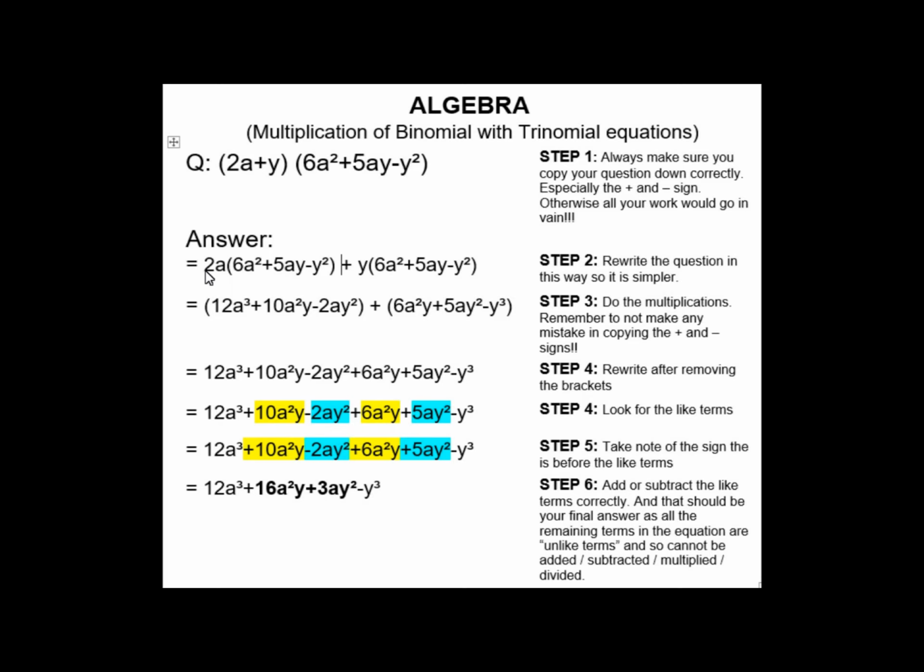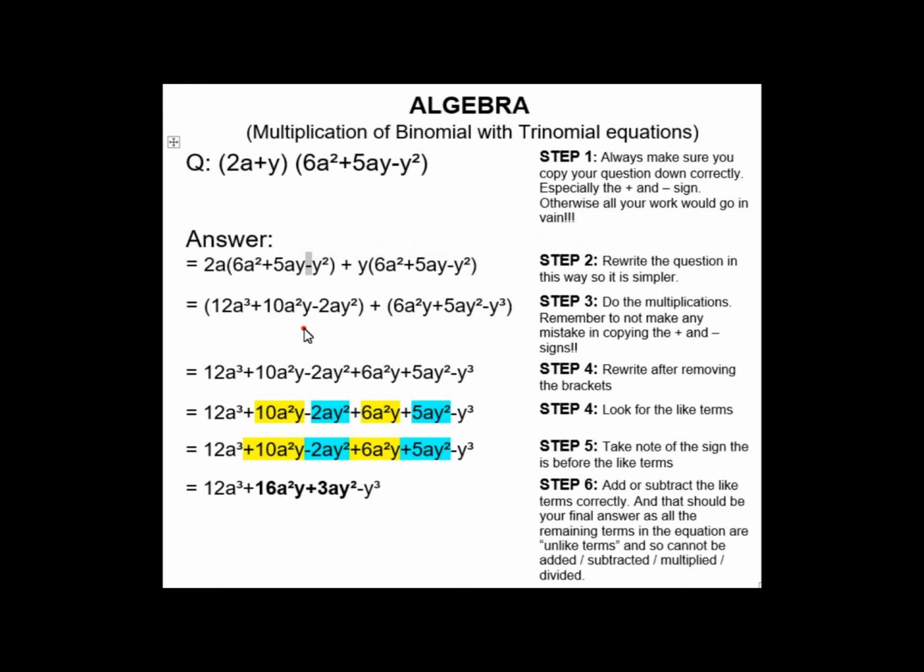So let's begin. We have to multiply 2a with 6a square. We all know 2 sixes are 12, and a square by a would give you a cube. Then the plus sign comes down. We know 2 times 5 is 10. A multiplied by a would give you a square, and since there's no other y, the y comes down here.